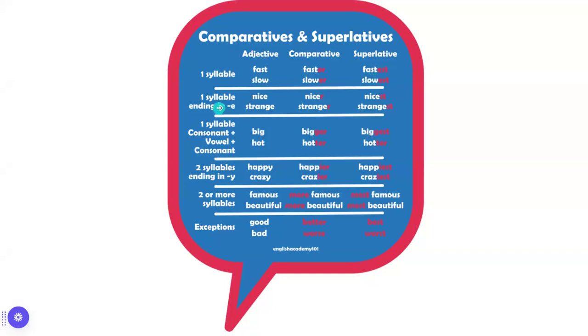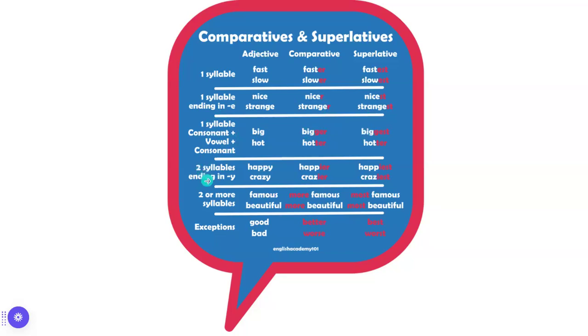If it ends with E, we just add an R. Nicer, nicest. Stranger, strangest. Now, if it has one syllable with the consonant-vowel-consonant pattern, then we duplicate the last consonant and add ER or EST for superlative.